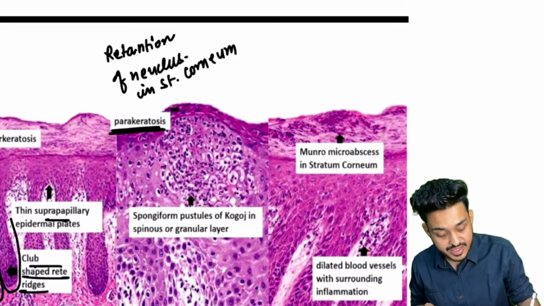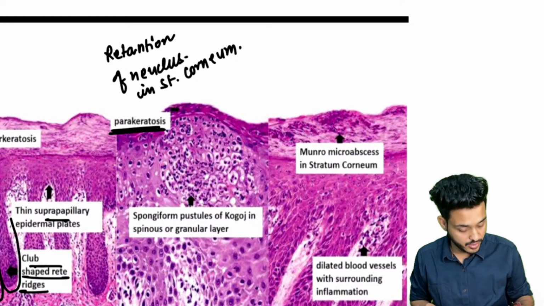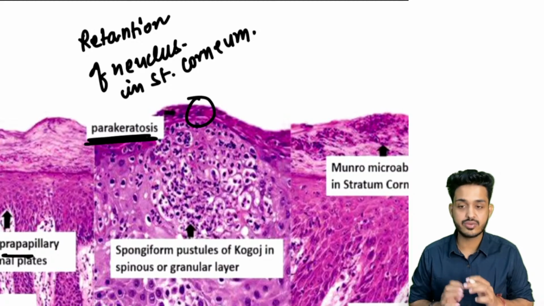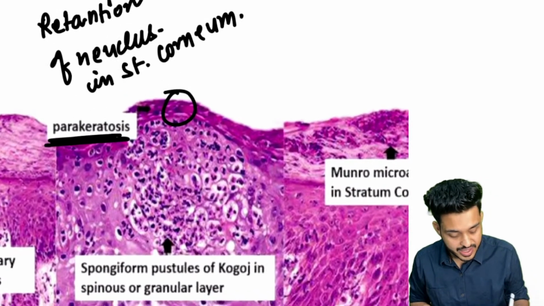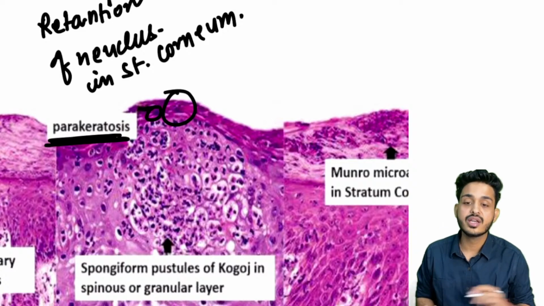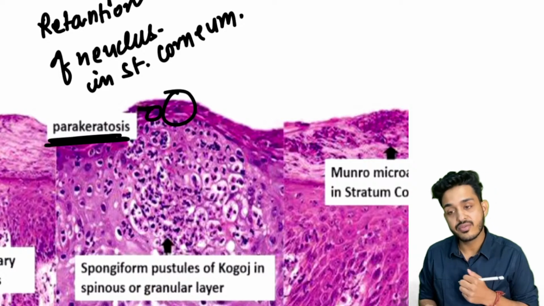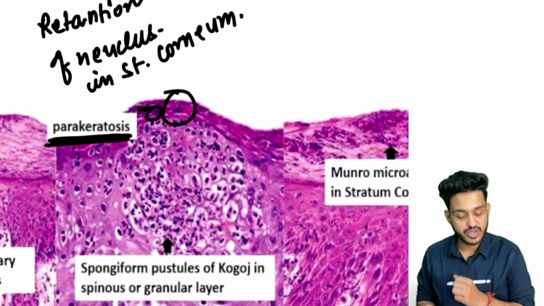But if there is a nucleus in the stratum corneum, we call it parakeratosis. Okay, so here, look here, यहाँ पर ब्लू डॉट होना चाहिए? नहीं होना चाहिए. ब्लू डॉट इज रिप्रेजेंटिंग न्यूक्लियस. But what we are seeing here, there are blue dots. Blue dots are indicative of nucleus, right? So in parakeratosis, what will happen? There will be retention of nucleus.